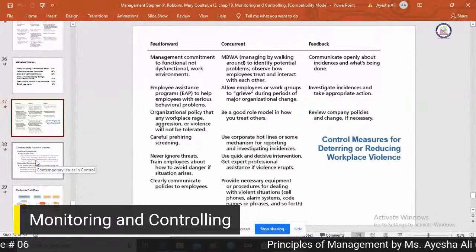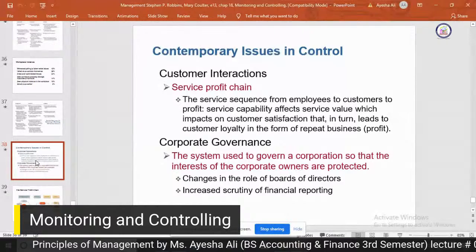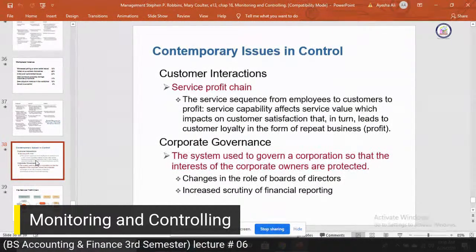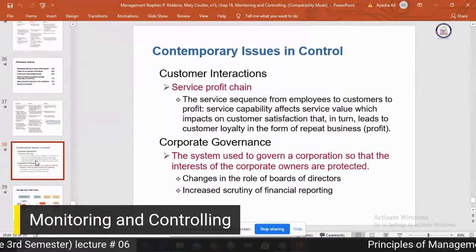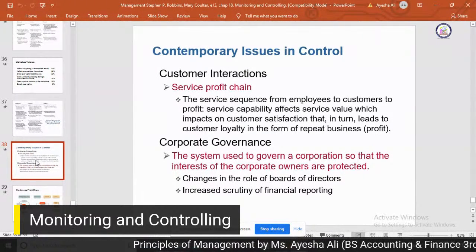Then we have customer interaction issues. It's basically the service profit chain, in which we have to sequence it from employee to customer to profit.